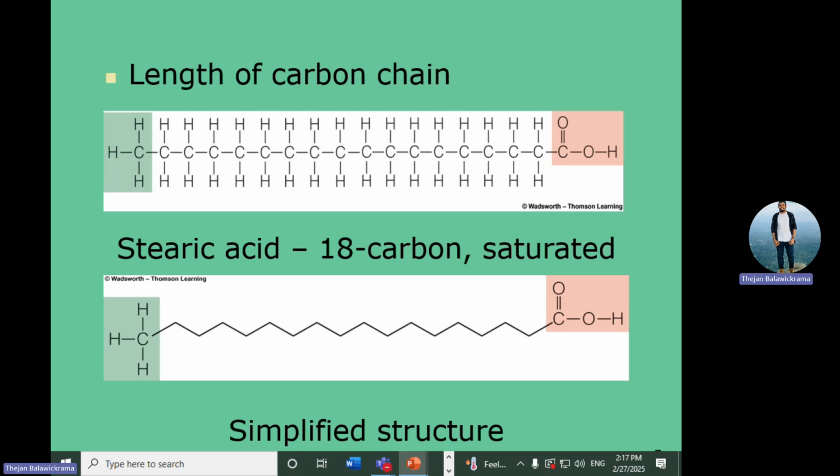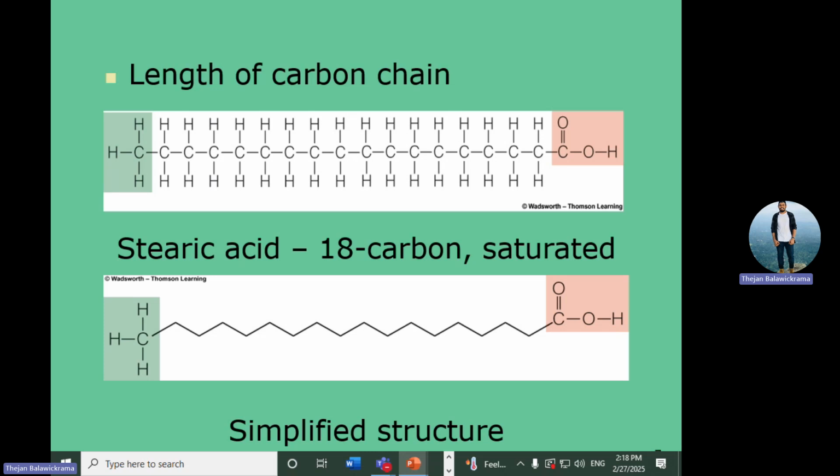You might have heard of it perhaps, okay? Stearic acid has in total 18 carbons. The reason for us to say that this is a saturated fatty acid is that we have only carbon-carbon single bonds. We don't have any carbon-carbon double bond here. We have a double bond here, but it is between carbon and oxygen, not between carbon and carbon.